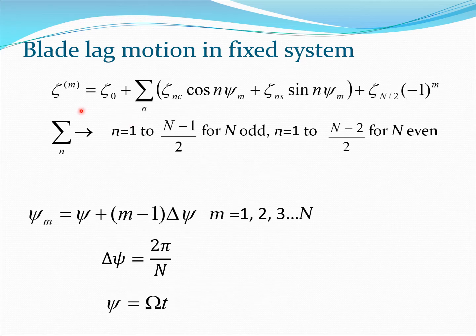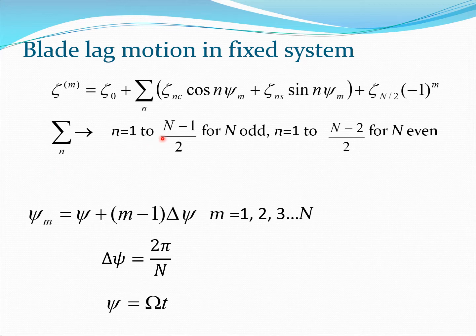Now the relationship between zeta m and the degrees of freedom in the fixed system can be given as follows. So this is zeta m here. If we have the degrees of freedom in the fixed system, we can go back using the inverse transformation and we can get zeta m. And here this summation, the value of small n, is given as follows.